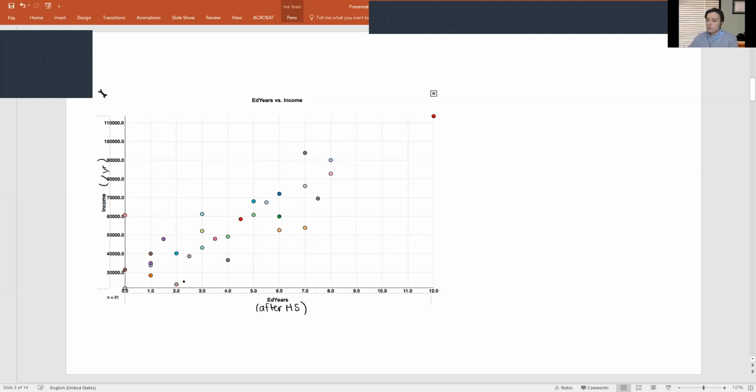All right, so the first thing I want to ask you is, for somebody that has studied 1 year after high school, what would you expect the income to be approximately? If you had to guess the income of a person that studied 1 year after high school, based on this data, what would that income be?